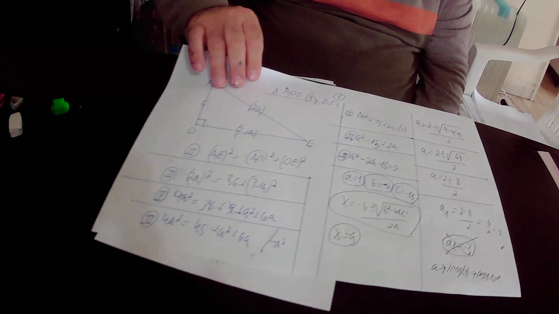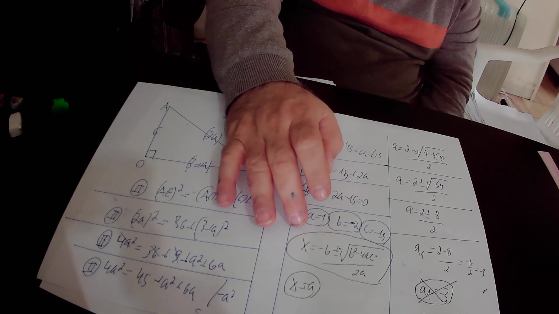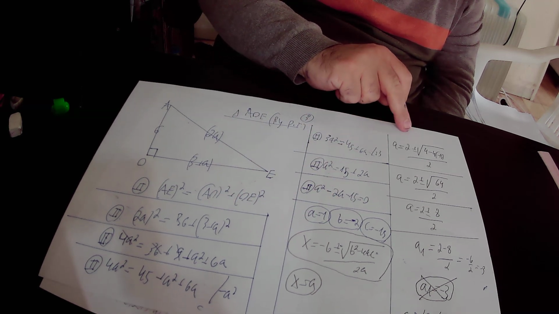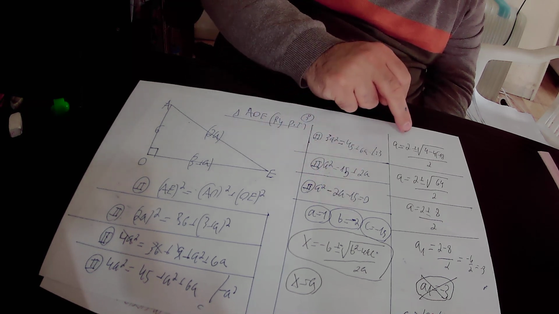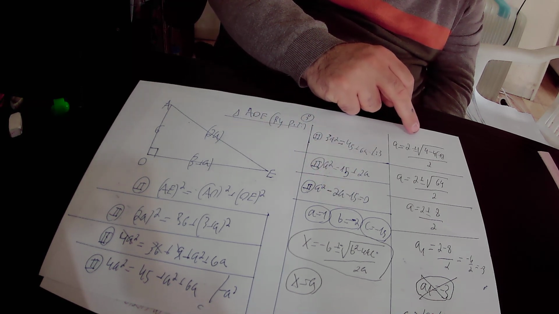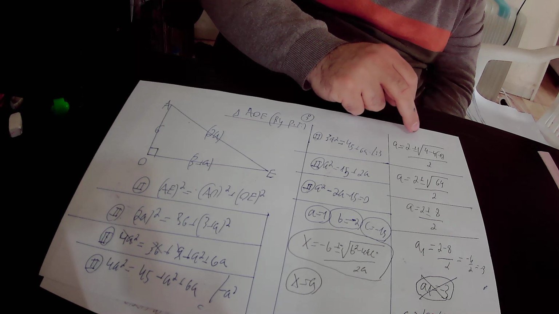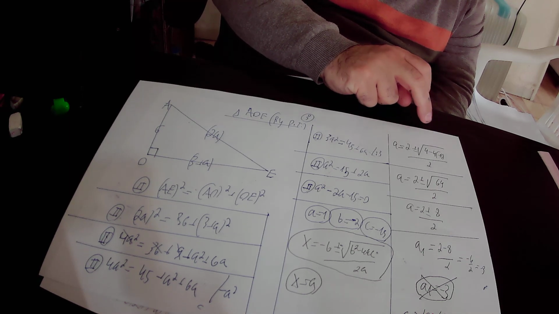So here we put the data inside the formula, and found out that A equals minus b, b equals minus 2. So minus b is minus minus 2, that is plus 2, plus minus square root of b squared. b equals minus 2, so b squared is minus 2 squared, that is 4. Minus 4 times a, which is 1, times c, that is minus 15.